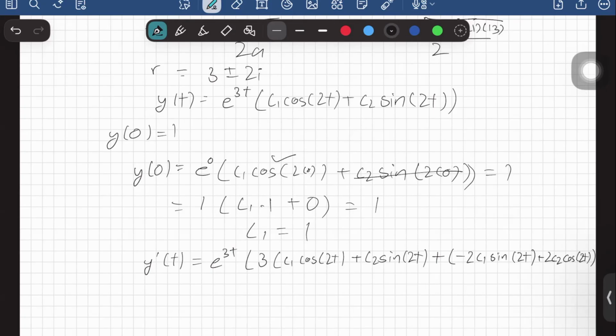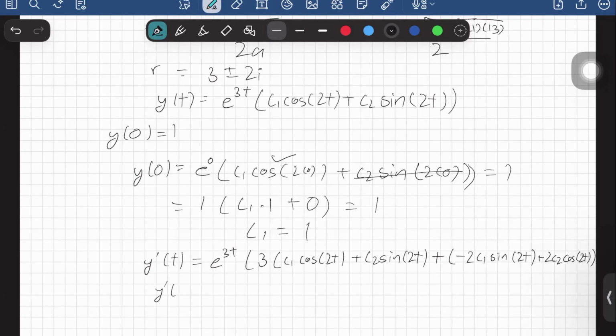So we have the differentiated equation, and then what we're going to do is plug the initial conditions in, and we can find the final answer, right?